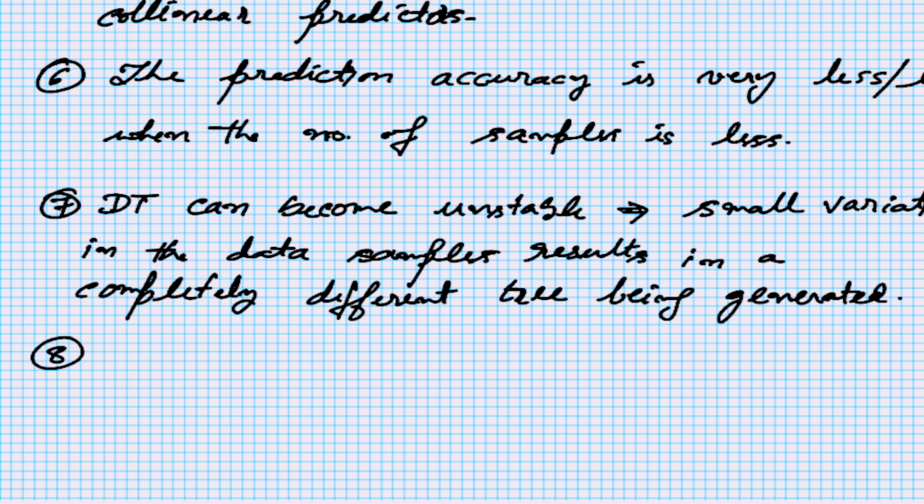There is a huge difference between the number of samples in the first class and in the second class. So this kind of data set is what we call unbalanced data.